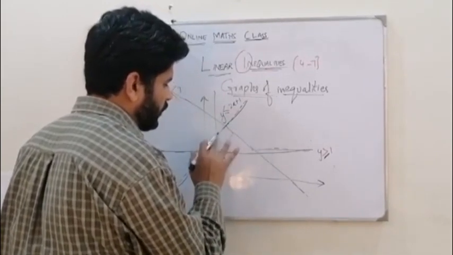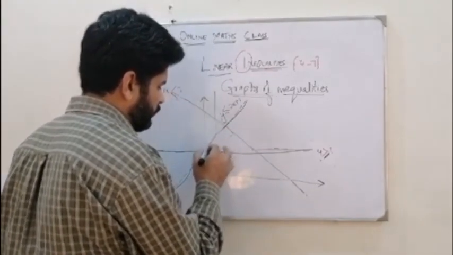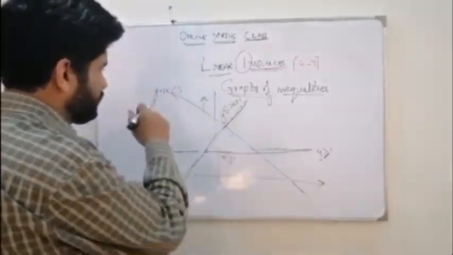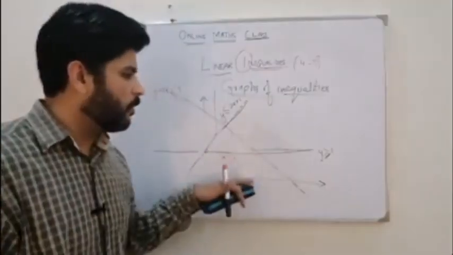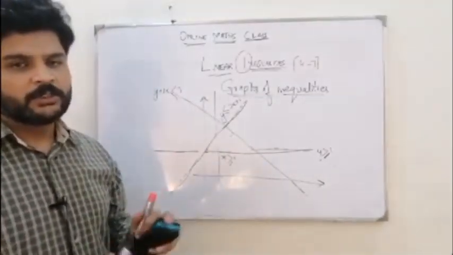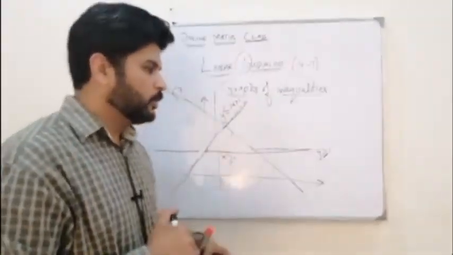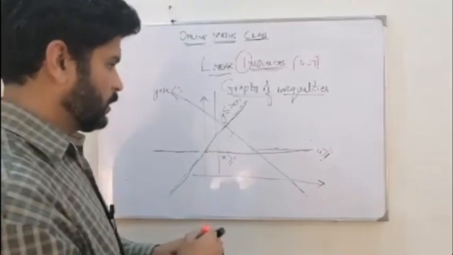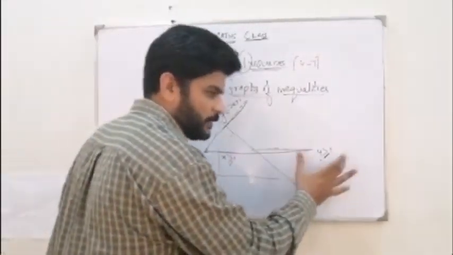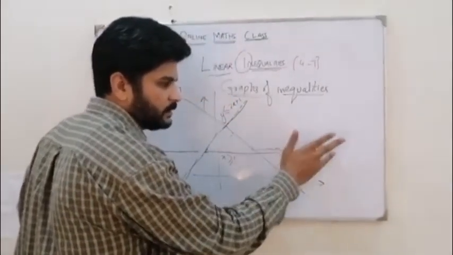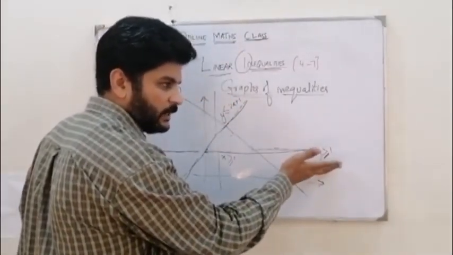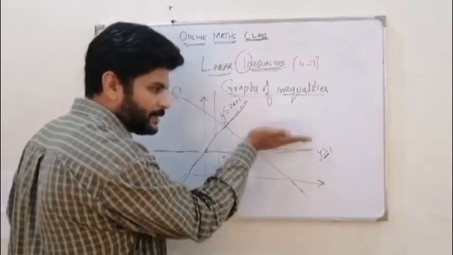Now you're given these inequalities, which are represented by these, and he says shade the region that represents all these four inequalities. So for shading this, you need to remember one thing. For example, let me shade for this line. This line says y is greater than or equal to 1.